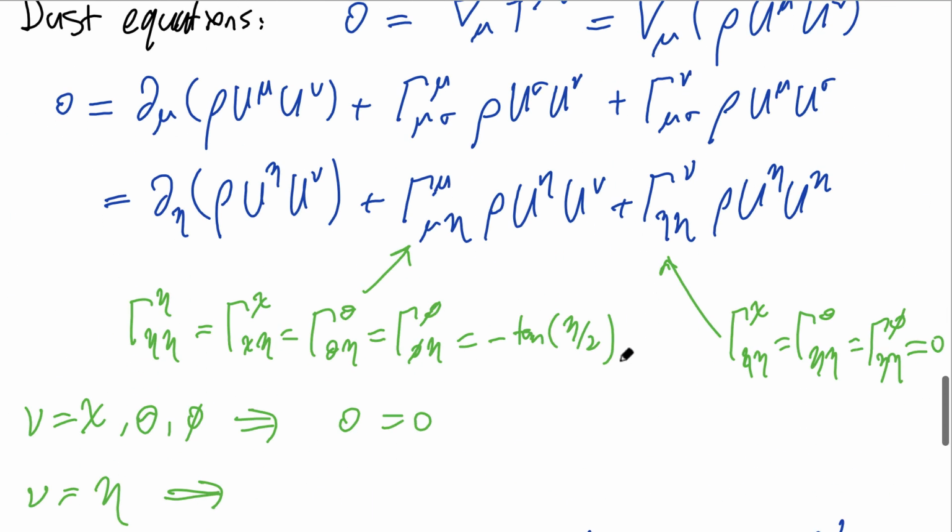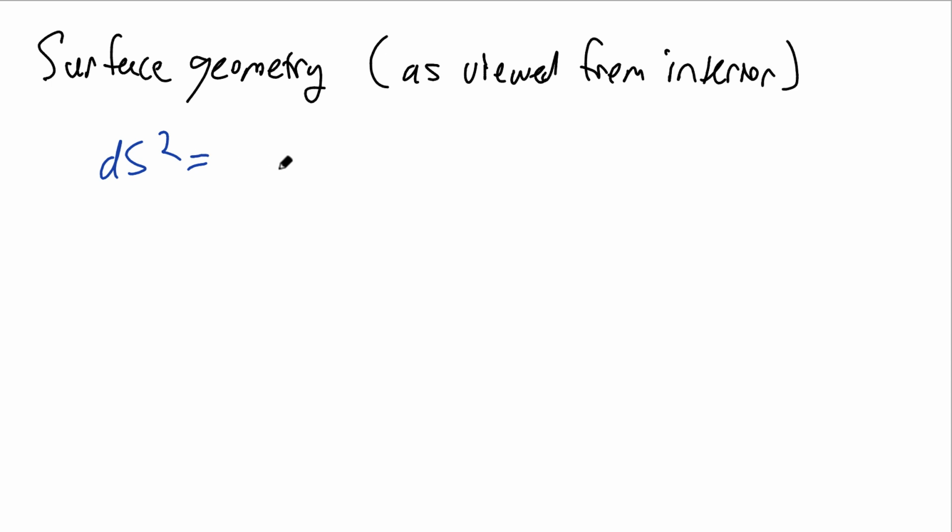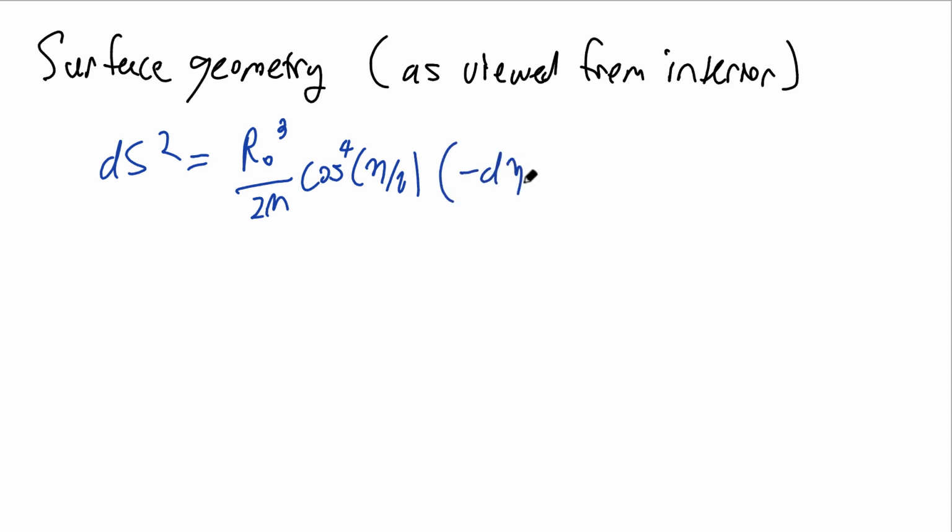And what we're left with for the surface geometry, as viewed from the interior of the star, is just ds squared equals r naught cubed over 2m times cosine to the fourth power of eta over 2 times minus d eta squared plus r naught squared times cosine to the fourth power of eta over 2 times d omega squared.